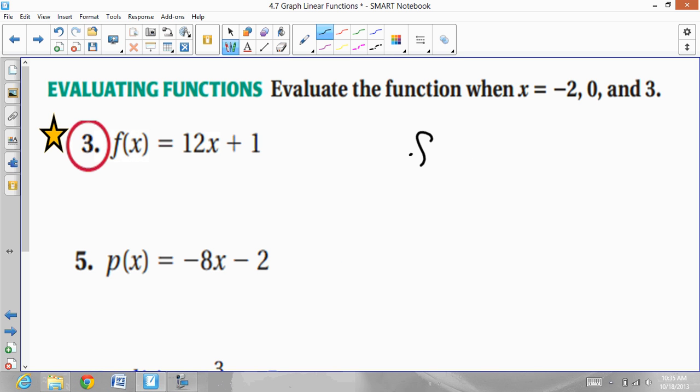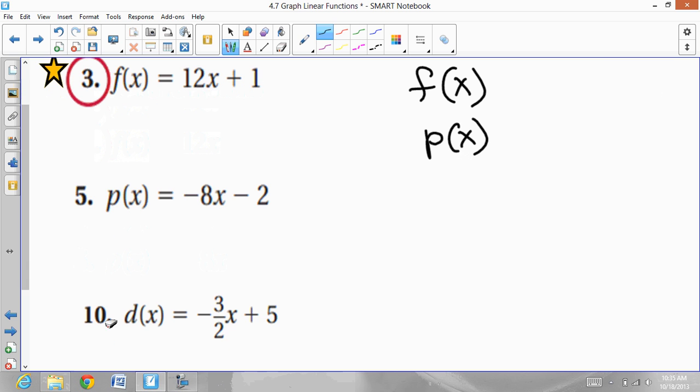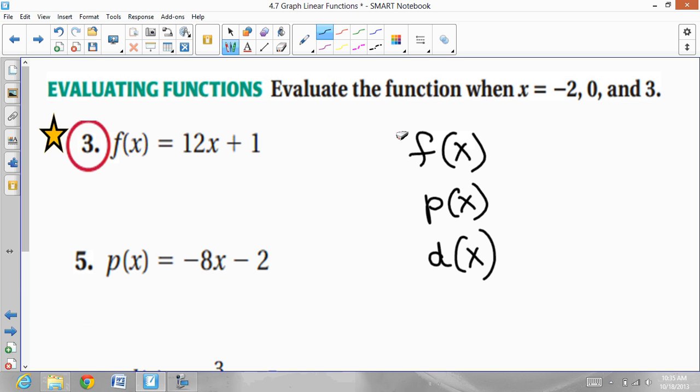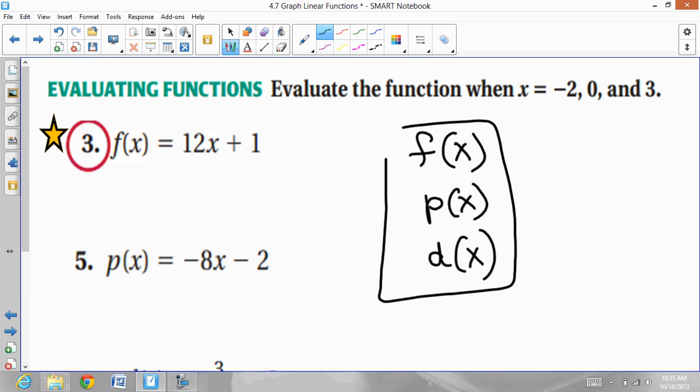Your f of x, your p of x, and if I also look at question number 10, your d of x, they all represent the same thing. All of them mean y. Make sure that you're writing this down.